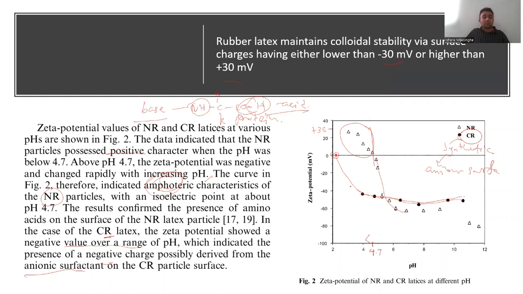It has not been given in this paper, but up to this point it has been given. But it is more than enough to destabilize the system if you get it here, no? Even if you bring it above -30, it becomes unstable, right? With time it will coagulate.